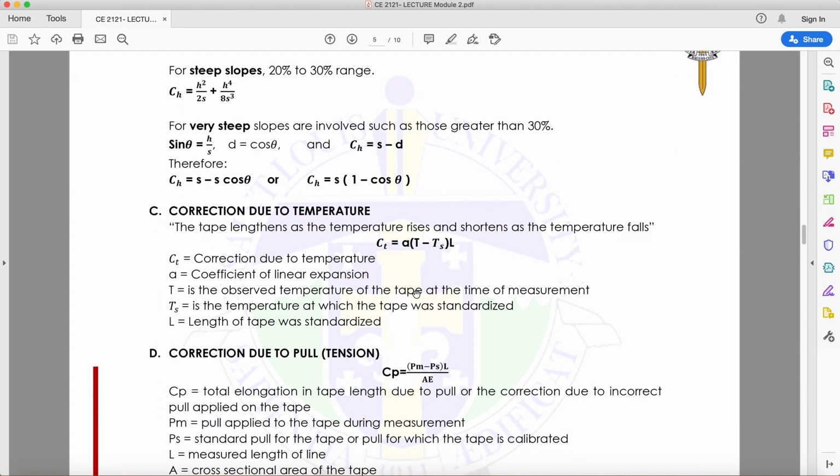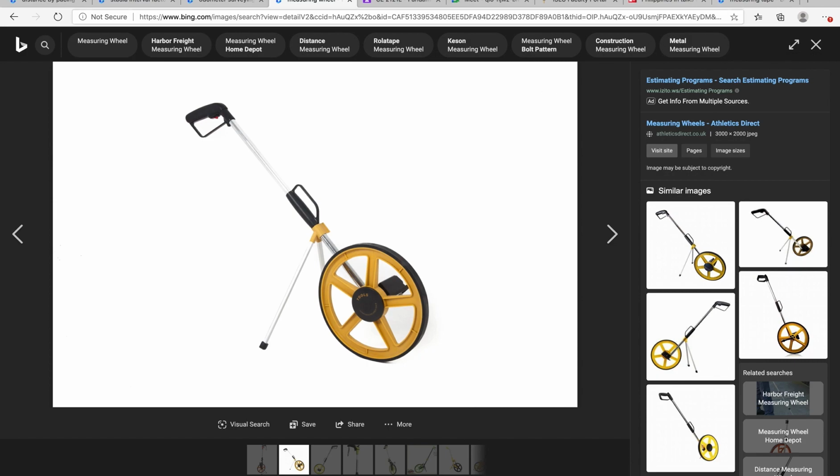Next is correction due to temperature. When our measuring devices are being made, it is being made at a certain temperature. But of course, when we go out there in the field, it is not always the case that the room temperature when the equipment was made is the same as the temperature on the field.